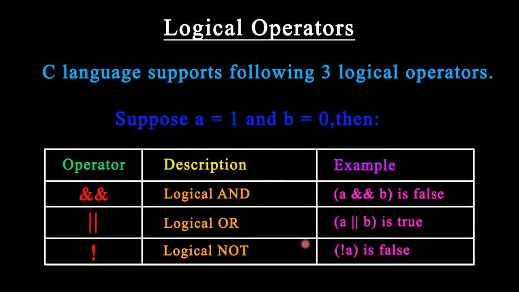After using the NOT operator with A, it will negate the value and change the value of A from 1 to 0. That is why it is coming false. If the value were 1, then it would give us true. But here, since the logical NOT is negating that value, it will give us false. So these are all the logical operators in C.